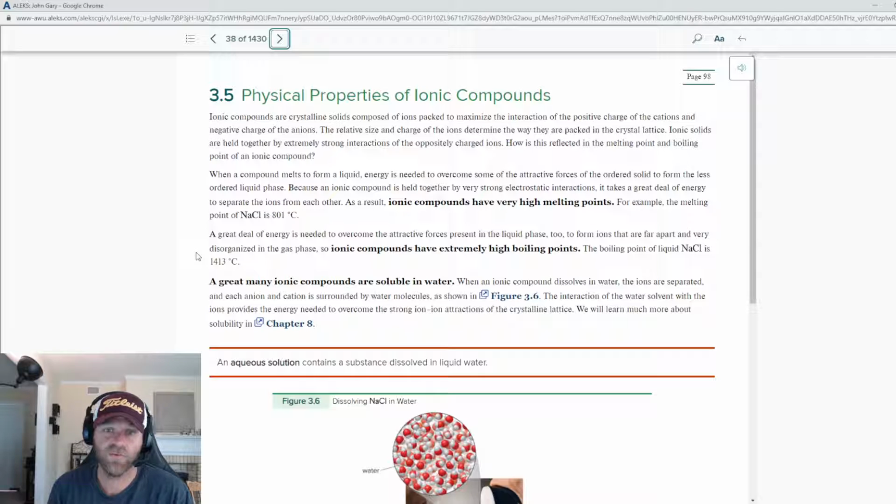Okay, so all salts follow these same properties. Salt has a very high melting point, and in most cases you're just not going to melt many salts, and that's because the way that they're bonded is different than the way that a covalent bond works.